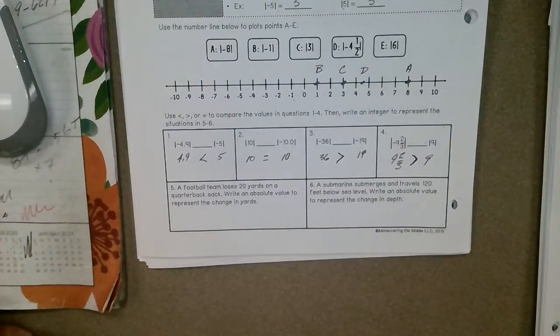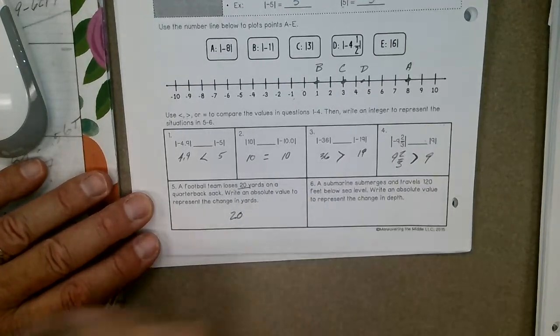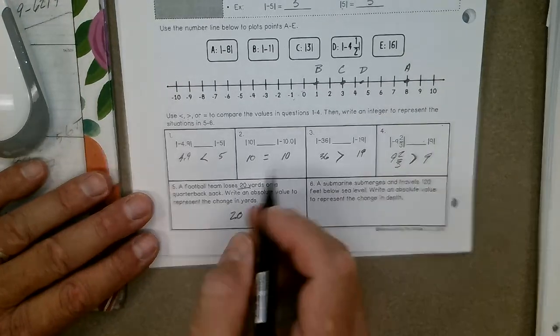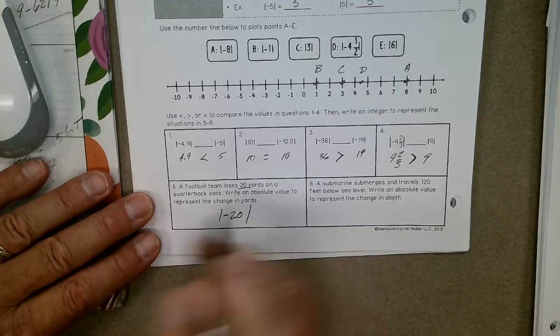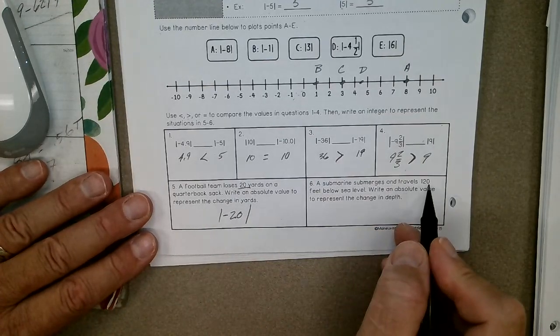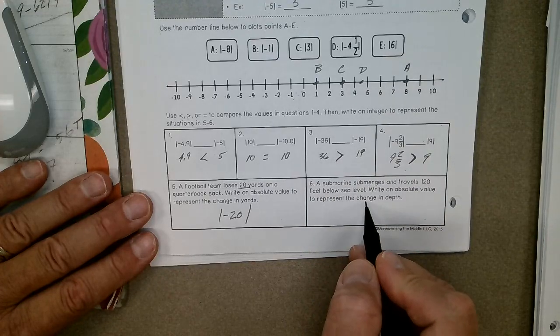A football team loses 20 yards on a quarterback sack. Write the absolute value to represent the change in yards. The absolute value of 20 is 20, right? So write the absolute value. I guess they want us to do that. A submarine submerges and travels 120 feet below sea level. Submerge means under.